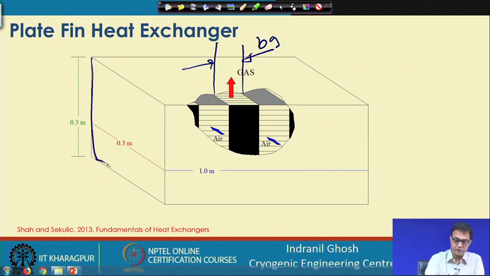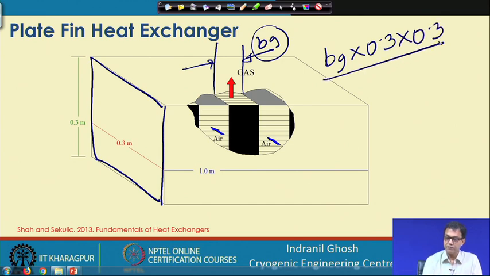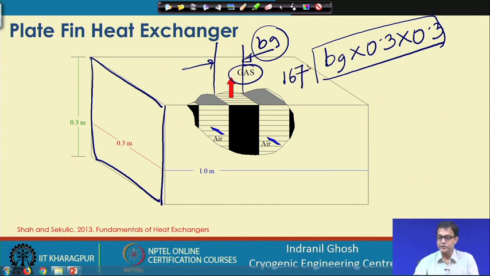The other dimension is 0.3 by 0.3 meter, and its thickness is B G. So, 0.3 multiplied by 0.3 and multiplied by B G is the volume of a single layer of the gas stream. How many such layers are there? We have N P equal to 167 such layers. So, this is the total volume between the plates on the gas side.